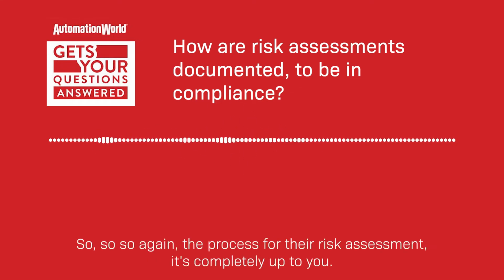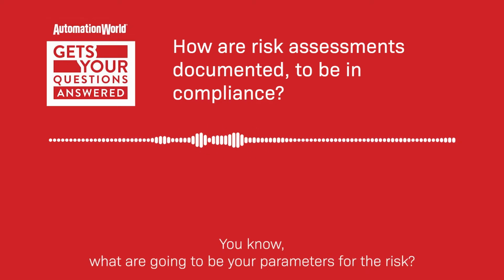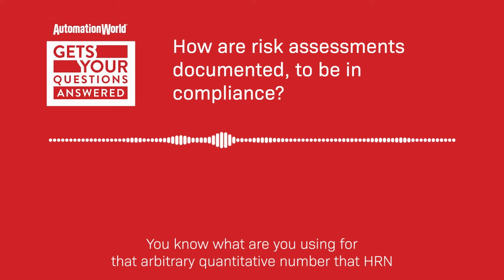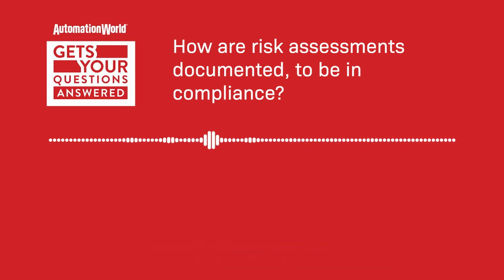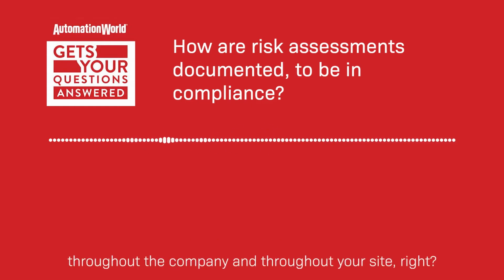Yeah, so again, the process for the risk assessment is completely up to you. How do you want to go about doing it? What are going to be your parameters for the risk? What are you using for that arbitrary quantitative number, that HRN number, that hazard rating number? That's completely up to you. But whatever you use, you want to make sure that it's standardized throughout the company and throughout your site.